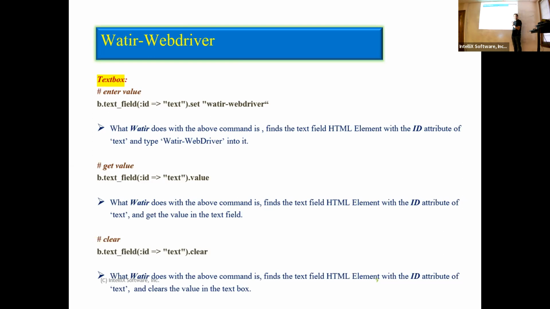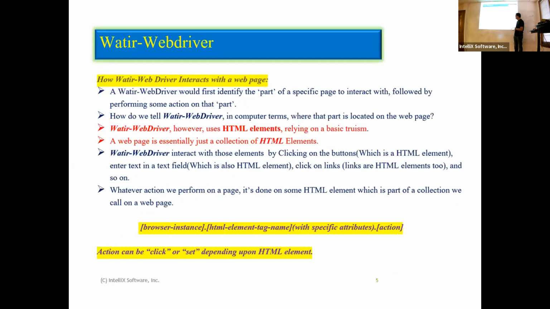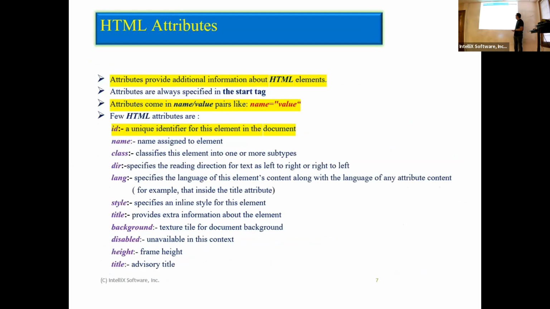So here I'm setting the value, dot set. Remember, we are following this syntax: browser instance, so b dot, what element? I'm using ID with a specific attribute, so that's where ID equals whatever the ID is. And then what action I want to take.